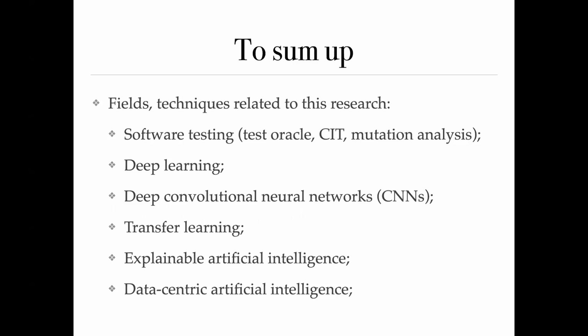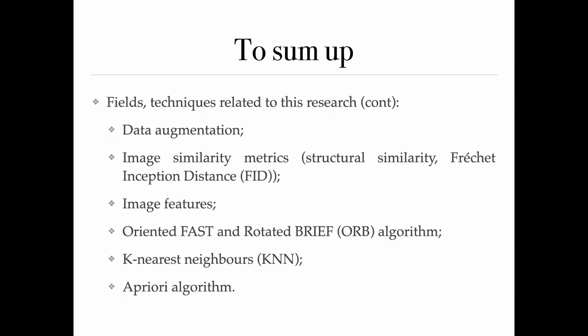To sum up, the fields and techniques related to the study are software testing, test oracle, seed mutation analysis, deep learning, deep convolutional neural networks, CNNs, transfer learning, explainable artificial intelligence, data-centric artificial intelligence, data augmentation, image similarity metrics, structural similarity, Fréchet inception distance, image features, oriented FAST and rotated BRIEF algorithm, k-nearest neighbors, and Apriori algorithm.